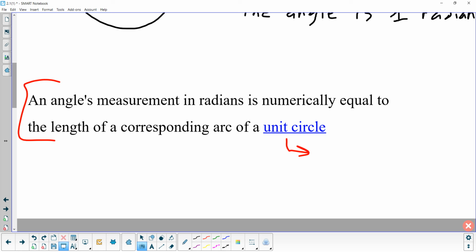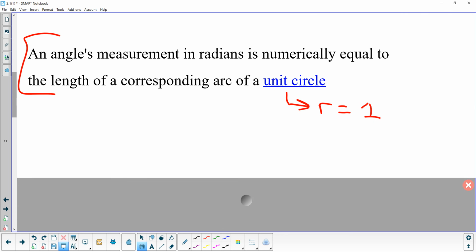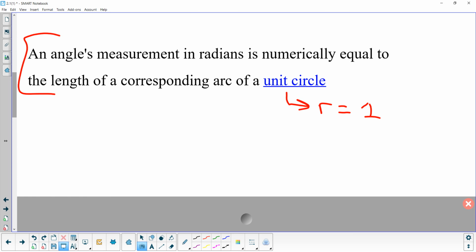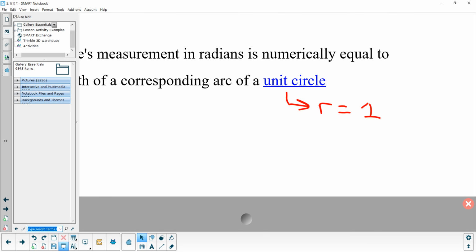In particular, it means that it's a circle where the radius is 1 unit. All right, so let me see if I can give you a visual of that sentence.